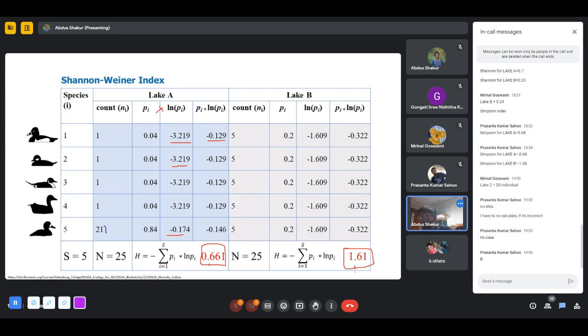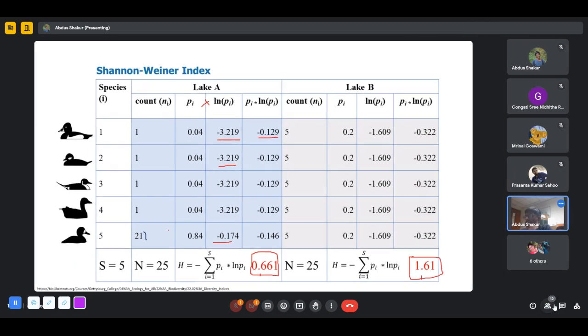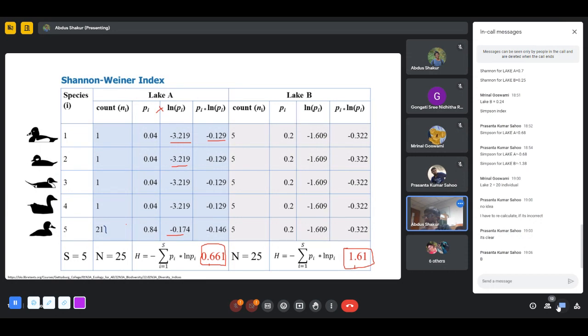Lake B. What do others think? One person thinks Lake B is much more diverse. What do other people think, Lake B or Lake A? Yes, you are absolutely right, Prashanta.